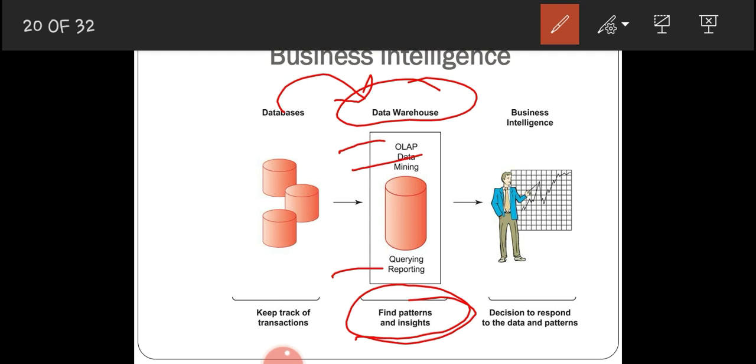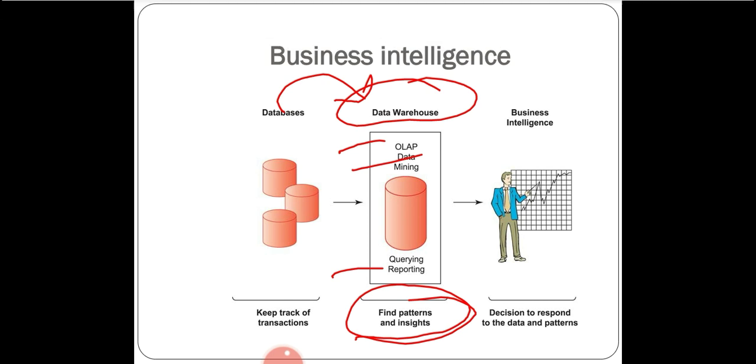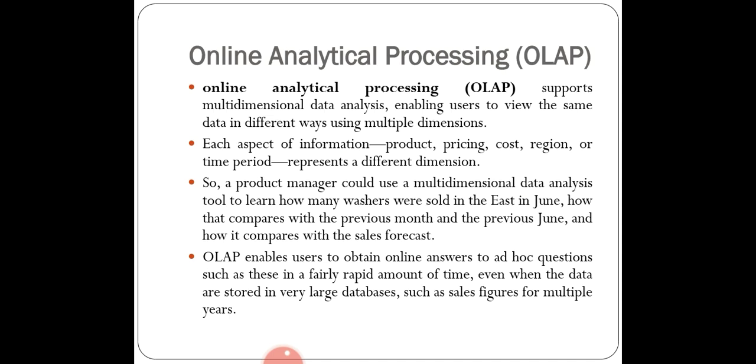This kind of analytical processing, data mining, or querying and reporting will help decision makers to make their decisions, and in that case will help to improve the performance of their organizations.